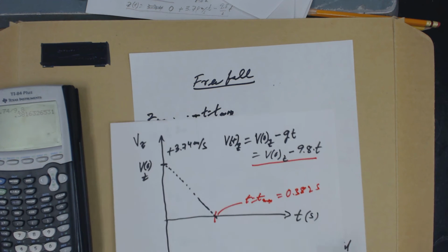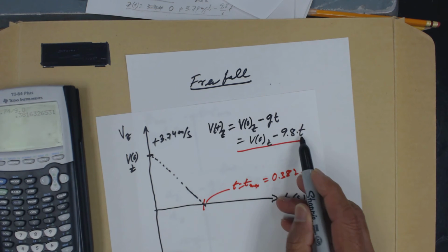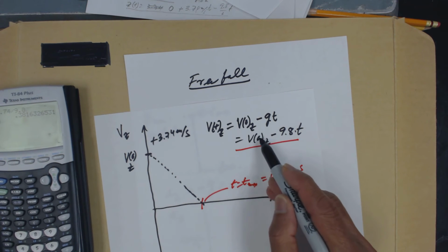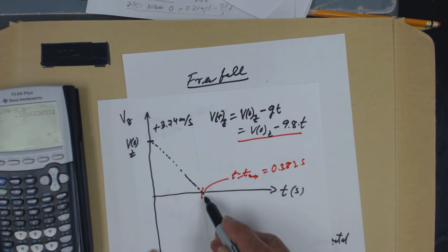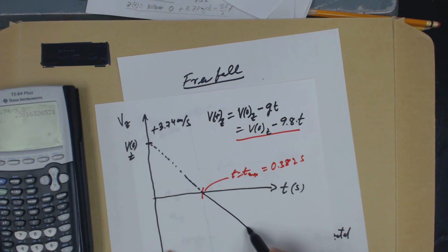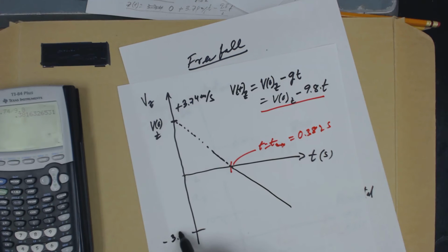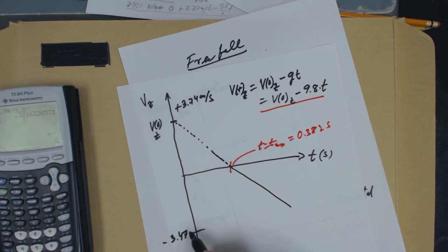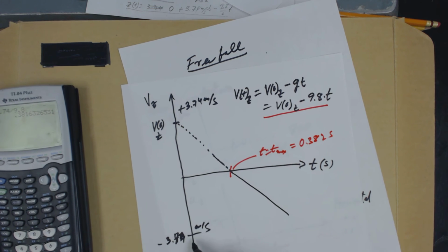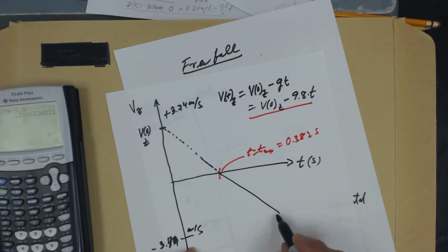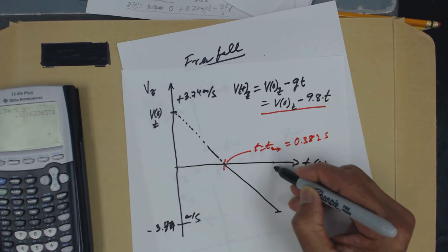What happens next? This formula continues. So velocity now would be negative, going down like this until it is minus 3.74 meter per second, exactly the same value but downward, when it hits the ground.